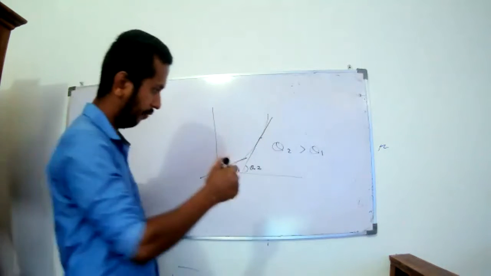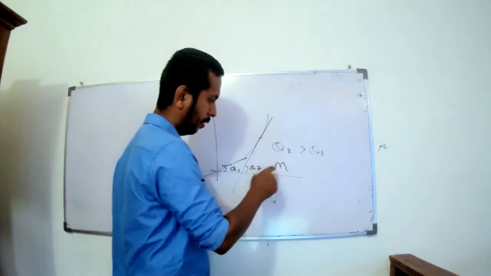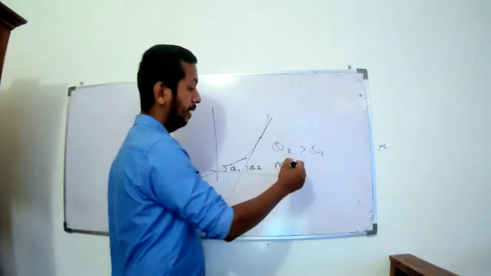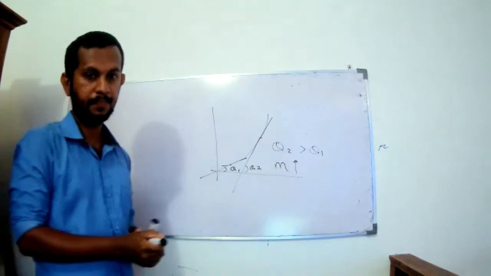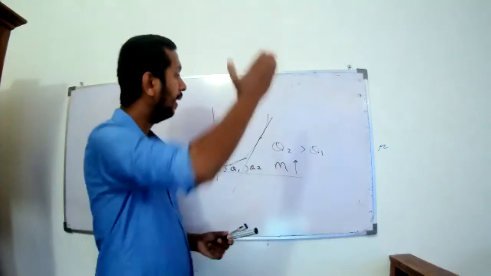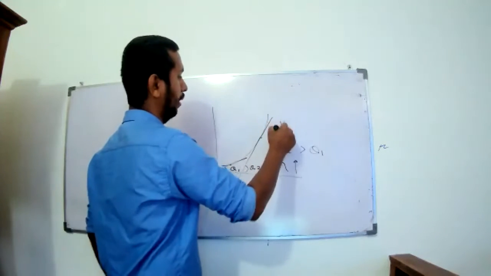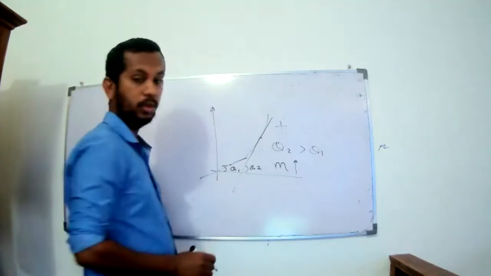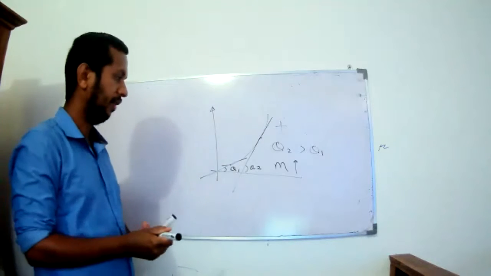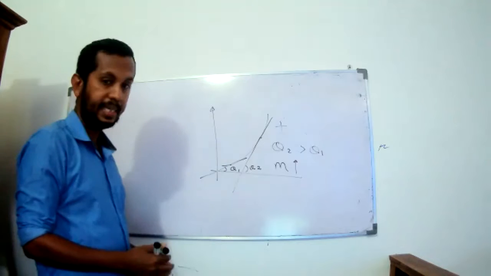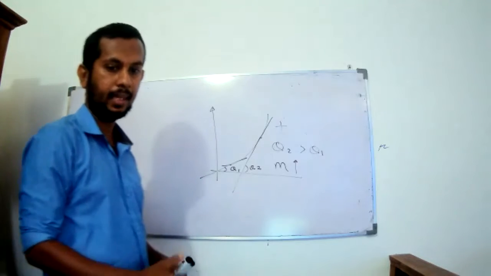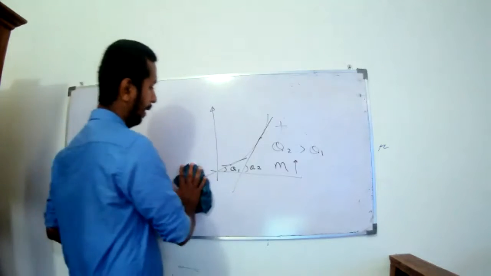Therefore, in this graph, I am going to represent the gradient by m. Gradient is increasing. In this graph, gradient is increasing towards the positive direction. You know, this direction is positive. So we can say the gradient is increasing.